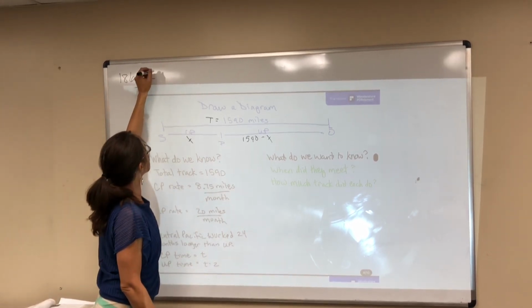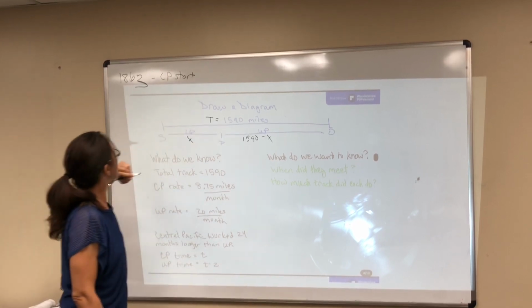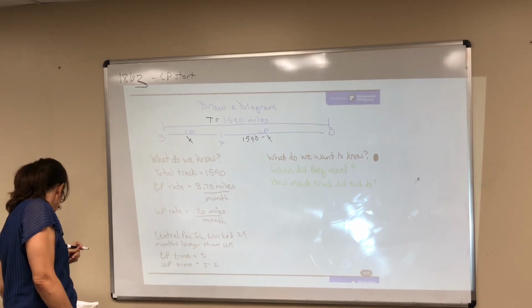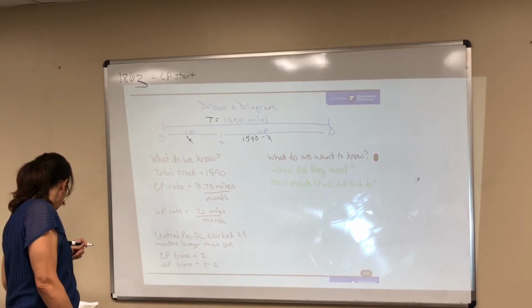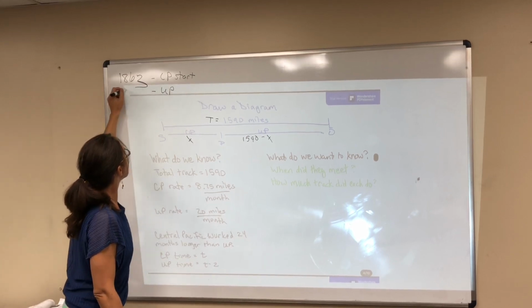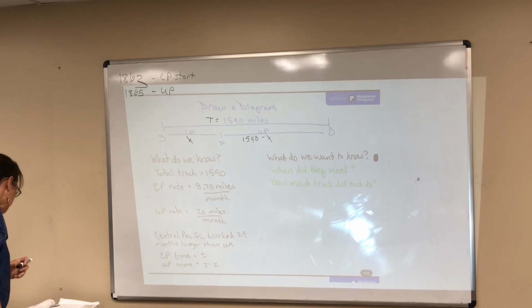So here's Central Pacific's start, and 24 months later is when they start. So when did Union Pacific start? 1865. Okay, so we're looking at some differences there.